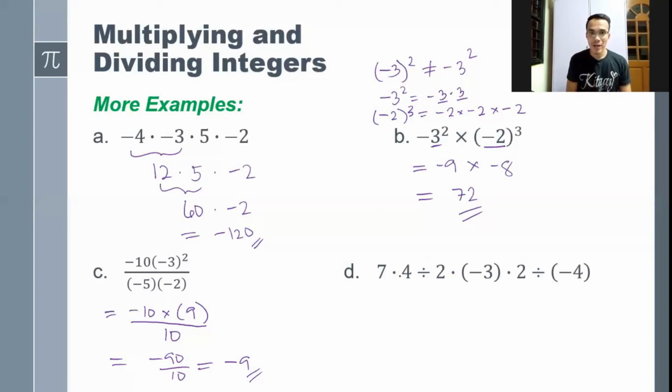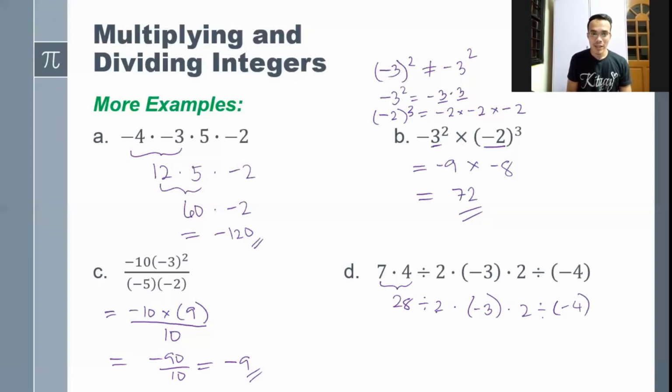Here, from left to right, 7 times 4 divided by 2, we have to do multiplication first because multiplication comes first. 7 times 4 is 28 divided by 2 times negative 3 times 2 divided by negative 4.